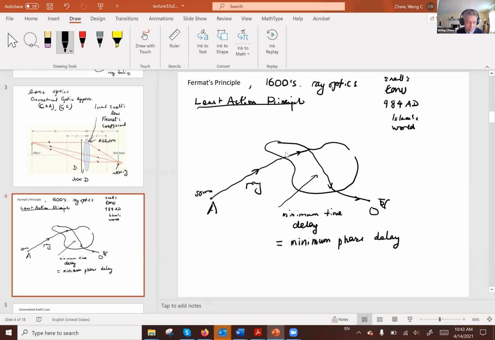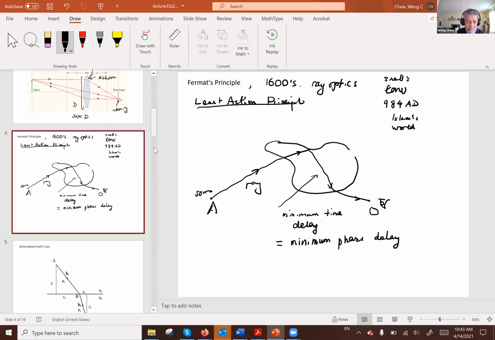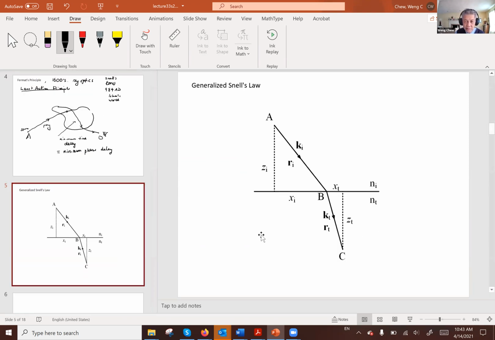Okay, so how do we use this Fermat's principle to solve problems related to lens optics? We can arrive at what is known as the Generalized Snell's Law quite easily by assuming that you have points A, B, and C, connected by light rays.